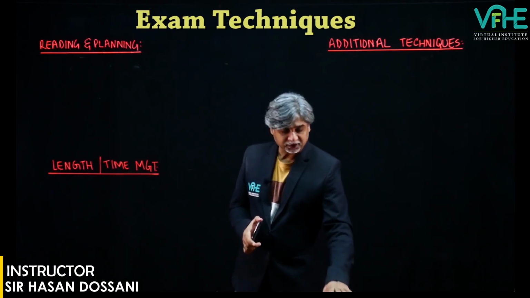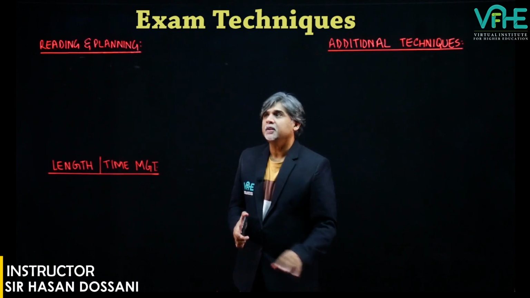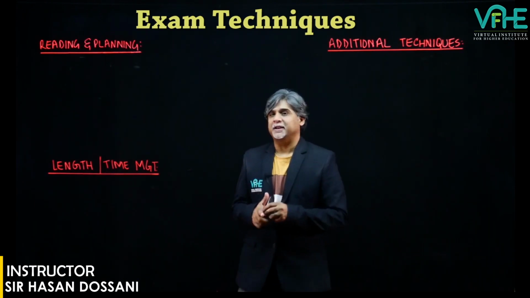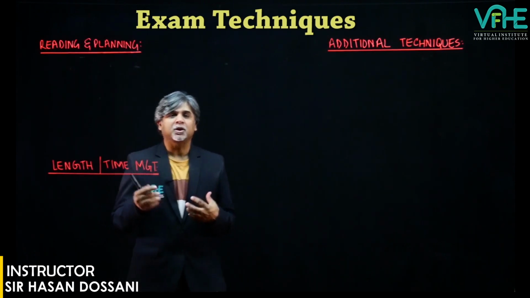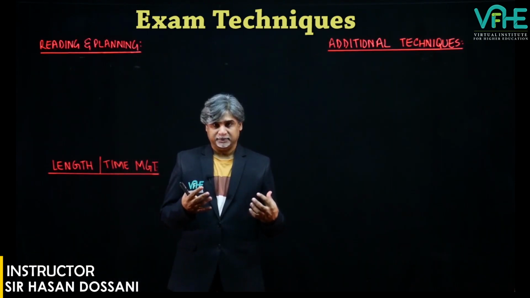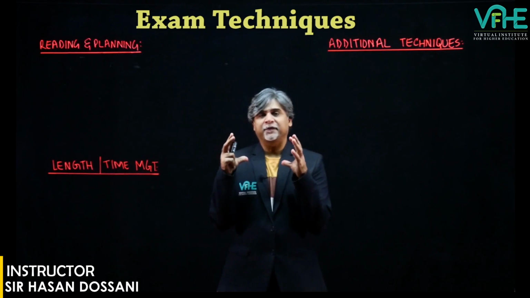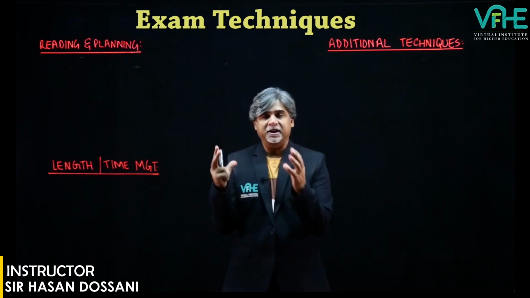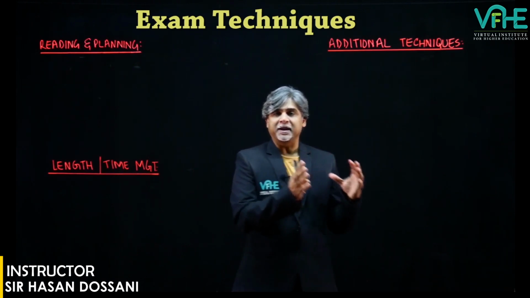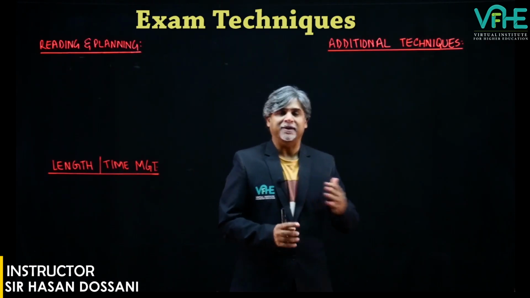Okay, so the first thing is reading and planning time. Your paper is of 4 hours. So the first 1 hour we will dedicate to reading and planning, and the remaining 3 hours will be our writing time.